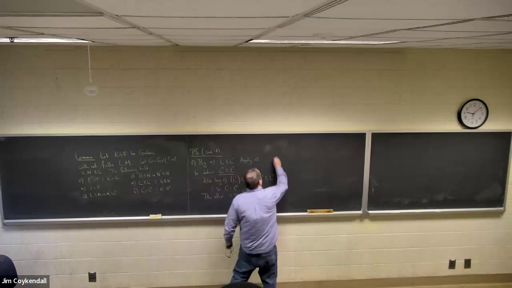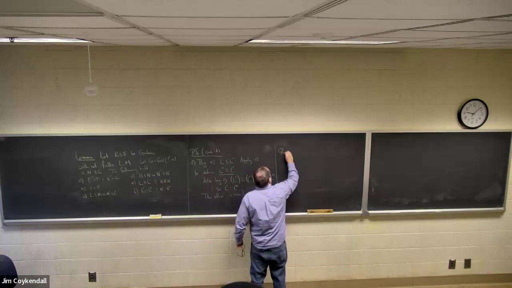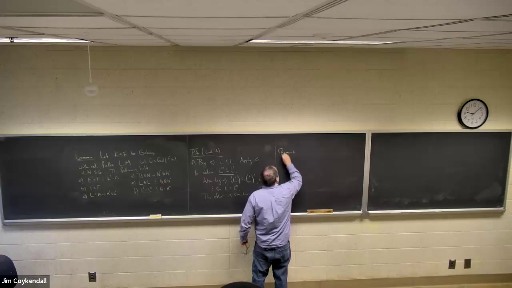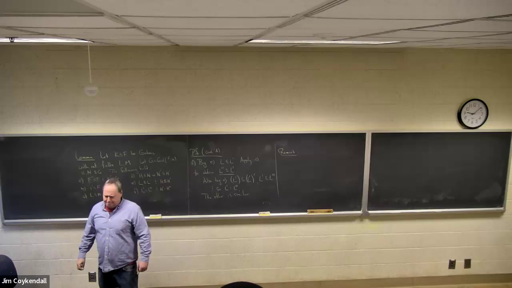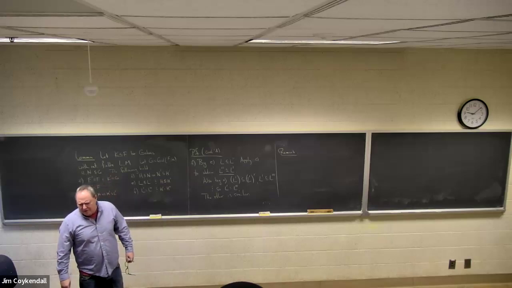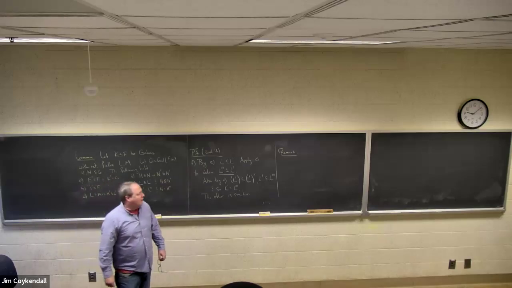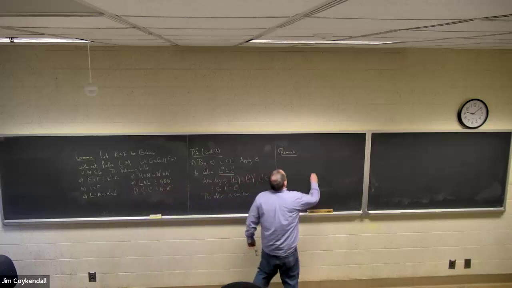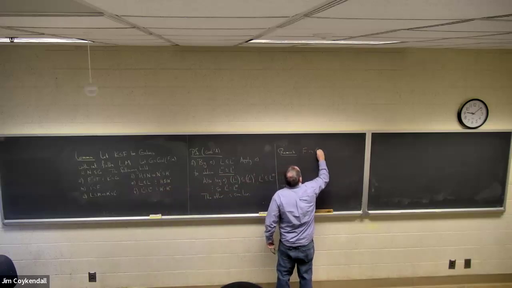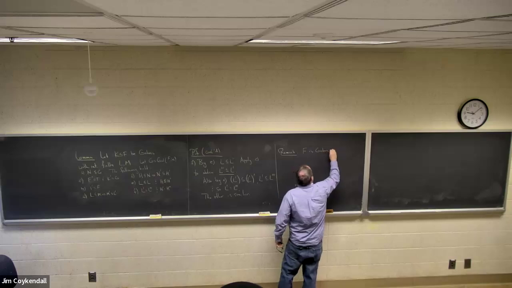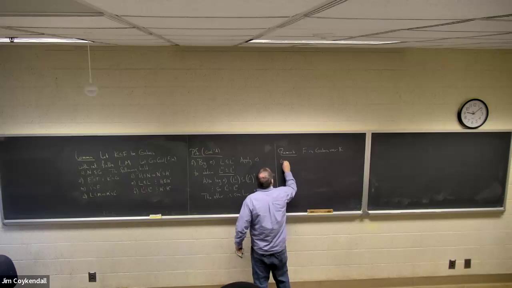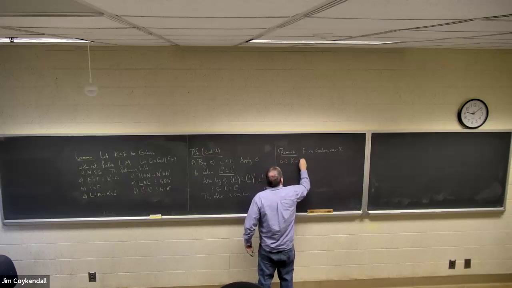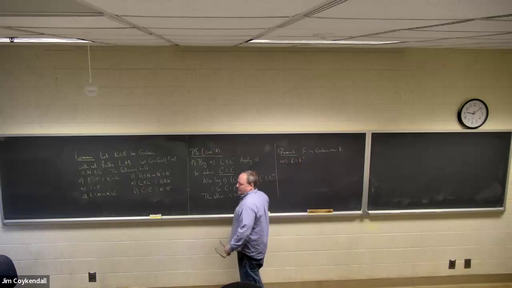Let me make a remark here. Using our notation here, F is Galois over K if and only if K is equal to K double prime.